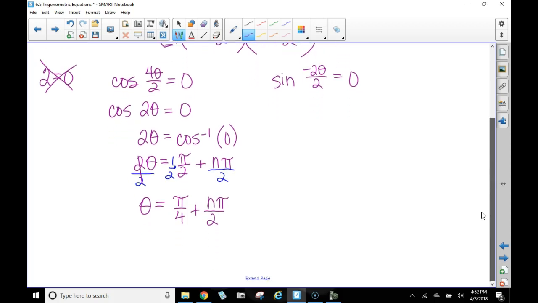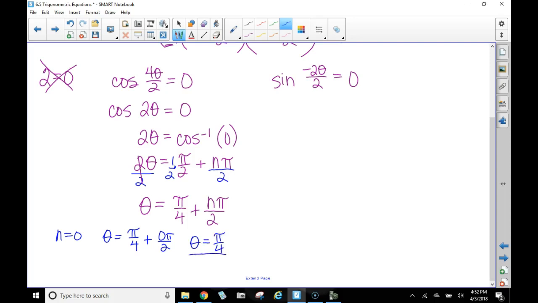So this is where I say I'm going to let n be equal to 0. If n is equal to 0, then theta is equal to pi over 4 plus 0 pi over 2, which is just 0. So our first answer is pi over 4.